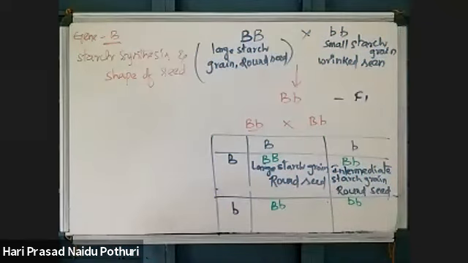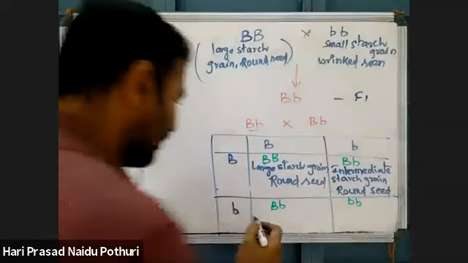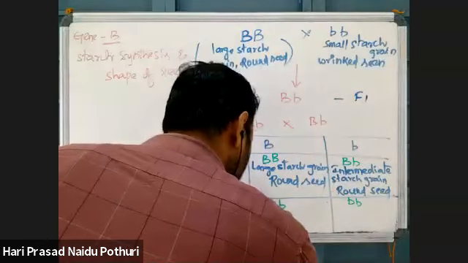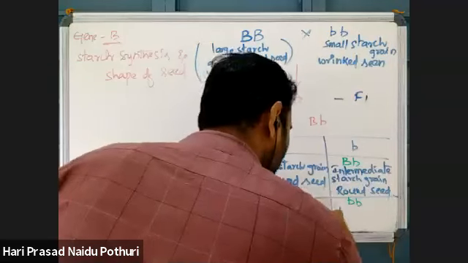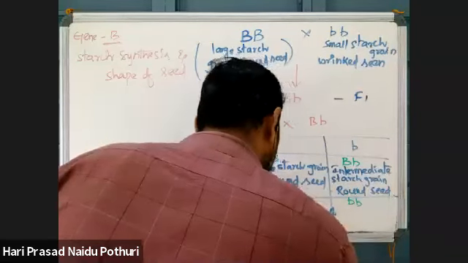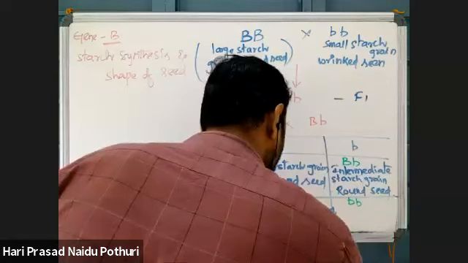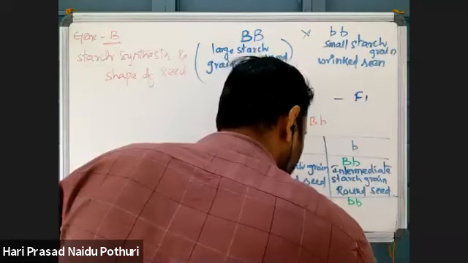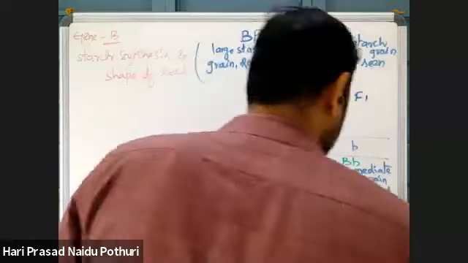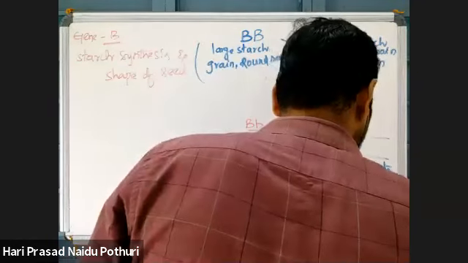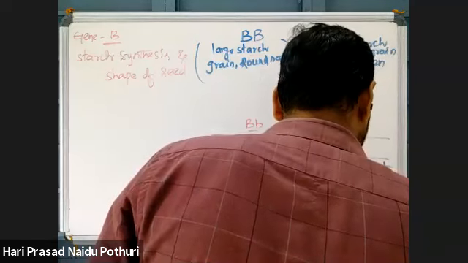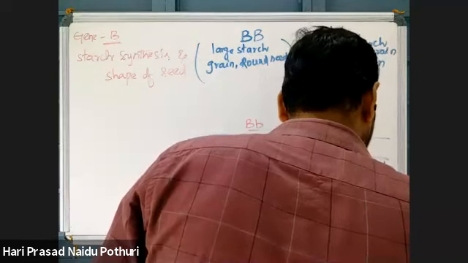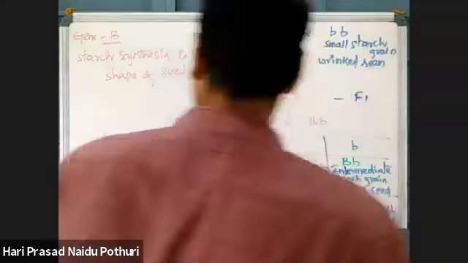Intermediate starch grain and round seed. Here this also, intermediate starch grain and it has round seed. This has small starch grain and wrinkled seed.